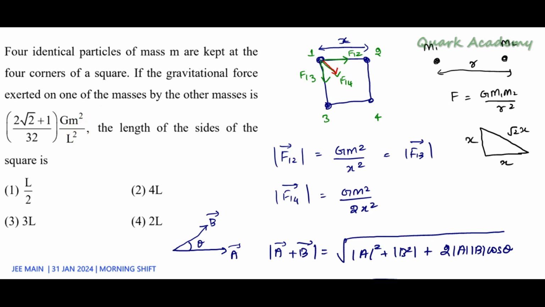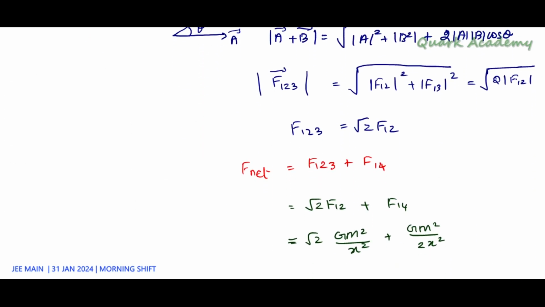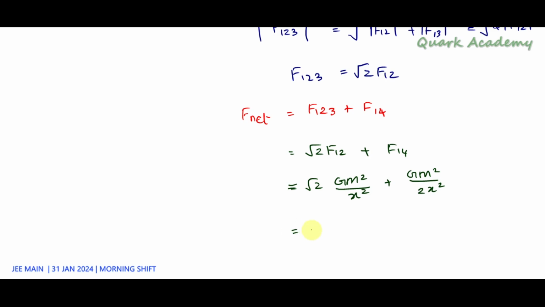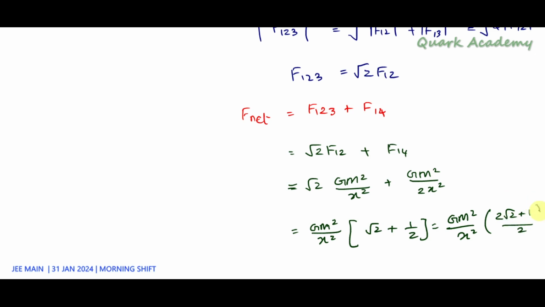So this Gm squared by x squared I just want to take out. Root 2 plus 1 by 2. So this will become Gm squared by x squared into 2 root 2 plus 1 by 2. So this is the net force.